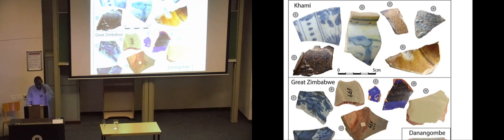But what is influencing my thinking is that there are not many. The highest amount of these ceramics known is from Great Zimbabwe, and it's not more than 100 even. So Khami, we are talking about less than 15. That's why I'm saying, did they have the significance which they had?